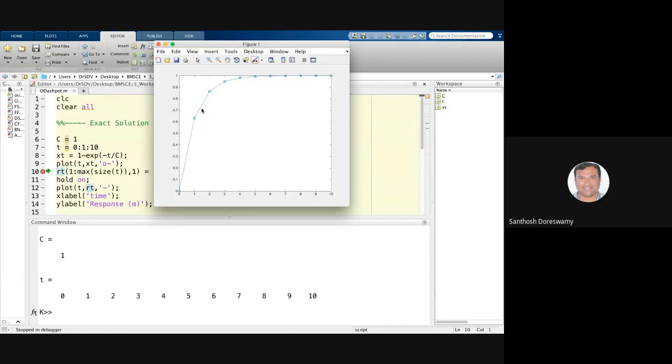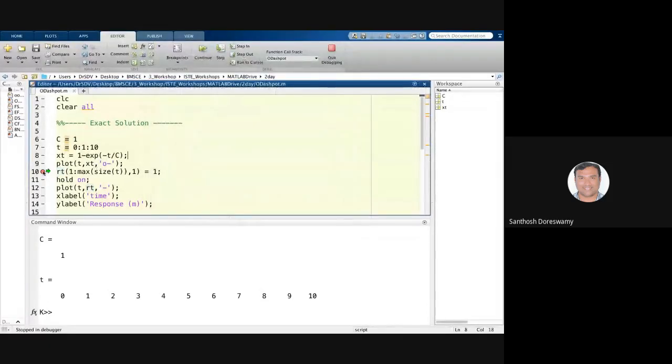Okay, now if you can recall your control engineering problem, you actually gave a unit step function to the control system. So the input was 1 for all period of time, so that was our r of t.